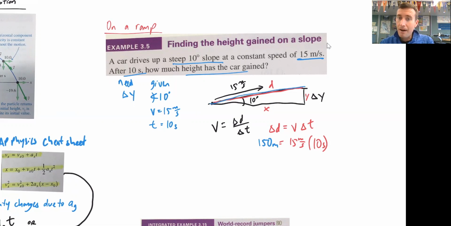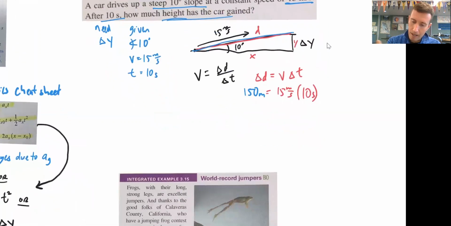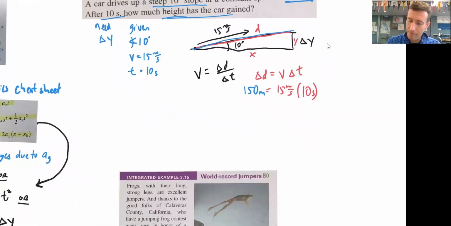Now, basically it's just a trig function. So now I have to separate it into its vertical and its horizontal components because I'm looking for the height that the car gains. So now I have 10 degrees and I'm looking for my y. So I know for my trig functions, the y is the opposite. So sine is opposite over hypotenuse.